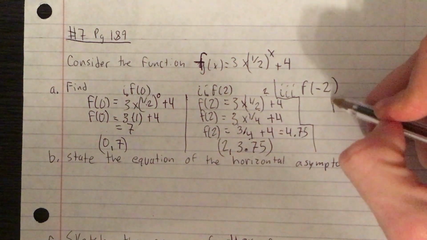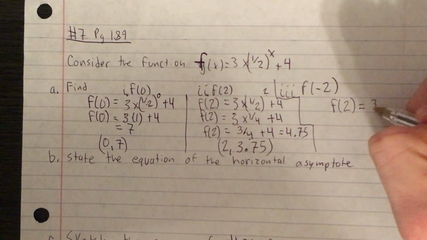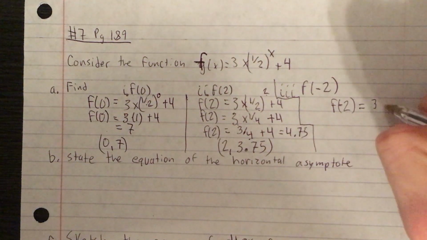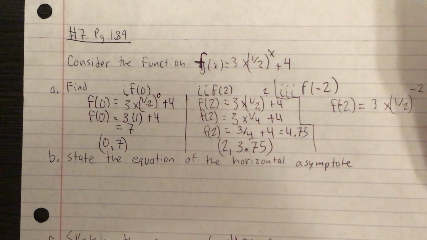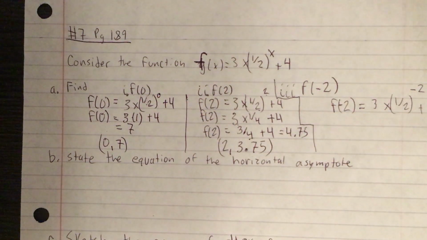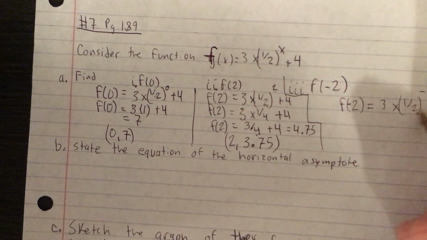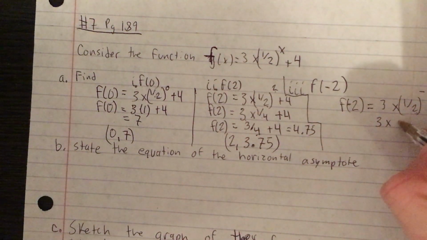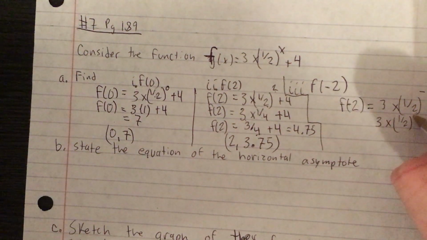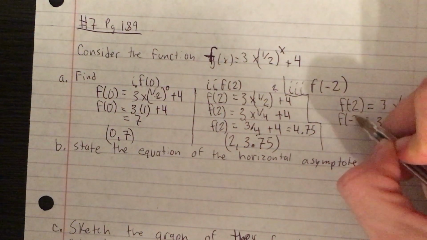So then the last one here, let me box that kind of weirdly. We've got f of negative 2 equals 3 times 1/2 to the negative 2nd power plus 4. What we're going to do is flip that fraction right here and make that a positive power. So that's going to be 3 times 2 over 1 squared plus 4 equals f of negative 2.